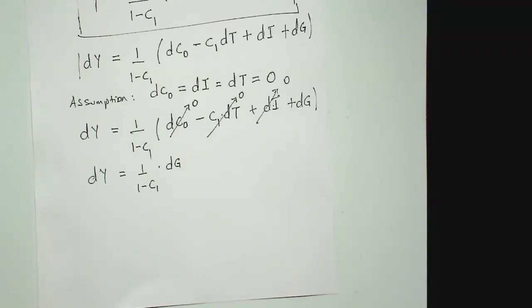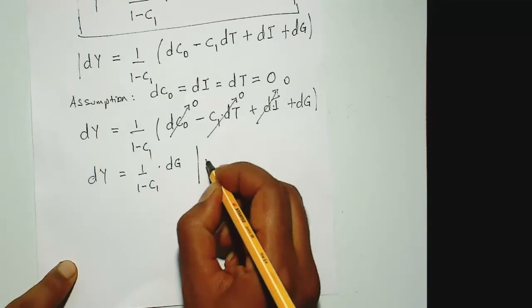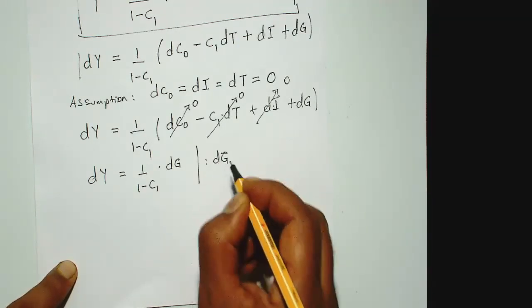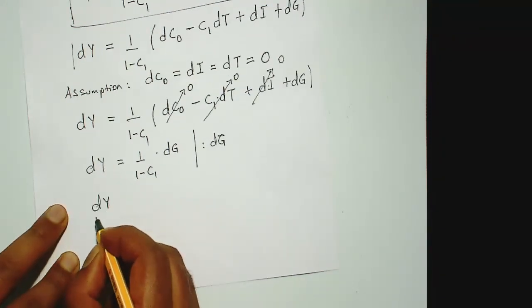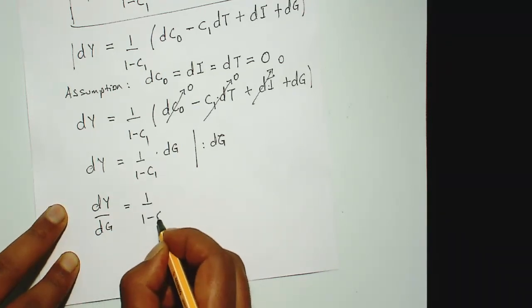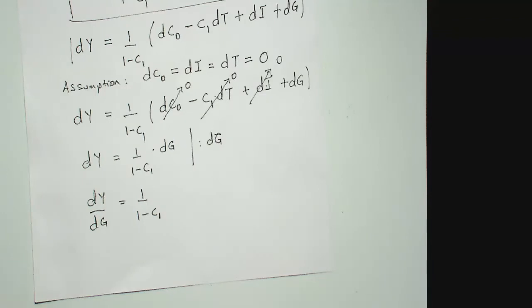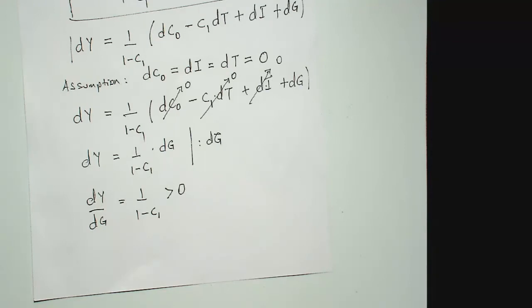We initially mentioned that the government expenditure multiplier is represented by the formula dY over dG. That is to say, by how much our income would change if government expenditure changes by 1 unit. If we divide both sides by dG, we have dY over dG is equal to 1 over 1 minus C1. As you can see, this is greater than 0.